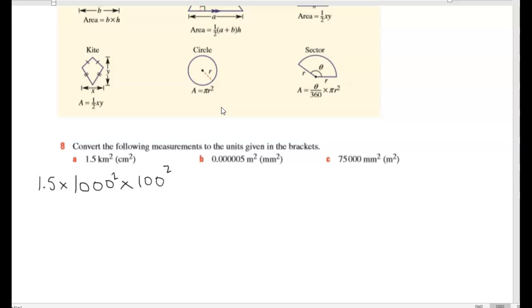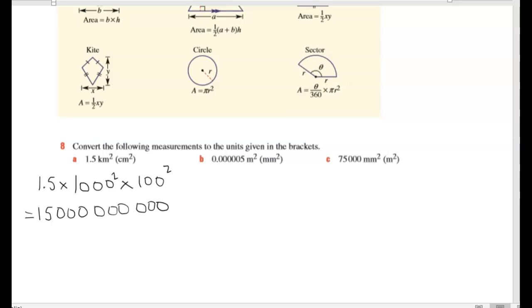I can't see, I've just made an error on my calculator. Just bear with me. Sorry, I just paused so I could count how many zeros I actually had in my answer. So we've got the 5 with 9 zeros.